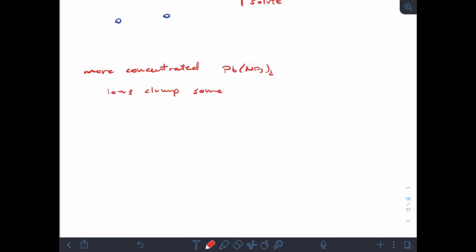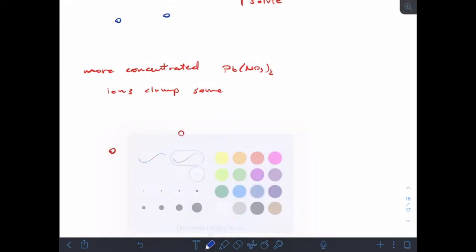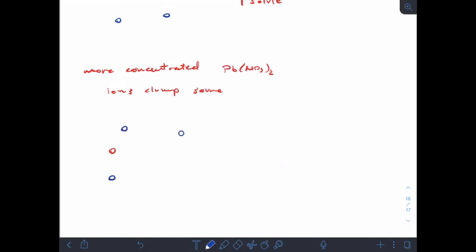Okay, so instead of having a perfectly thrown apart arrangement, I've got some leads and some nitrates, but I also have a lead and a single nitrate with a plus sign, right?